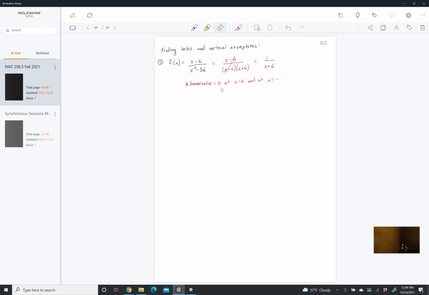When the denominator equals 0, you're either going to have a hole or you're going to have a vertical asymptote, okay? These two functions are the same, except the domains are different.